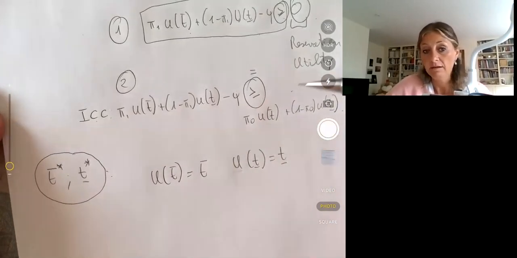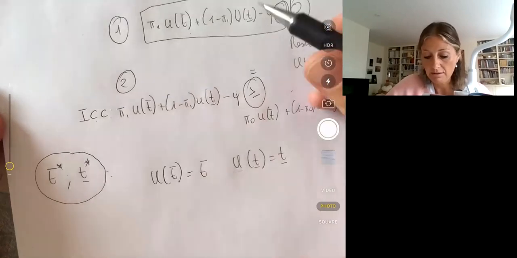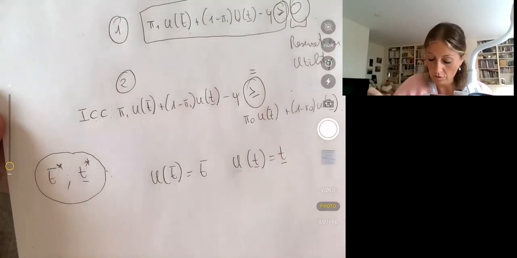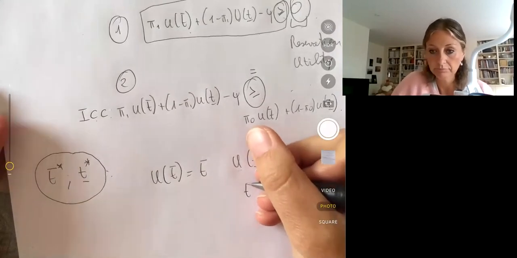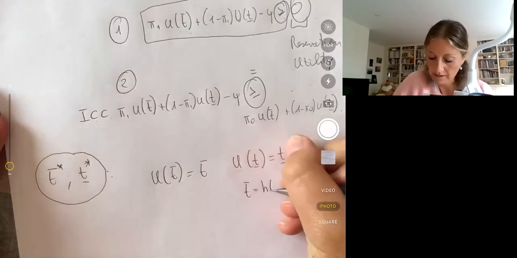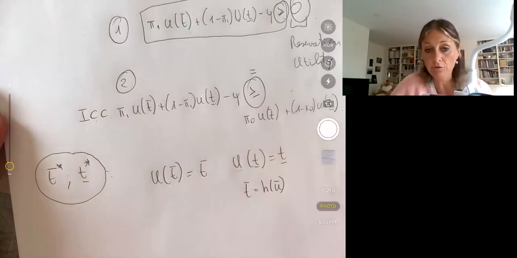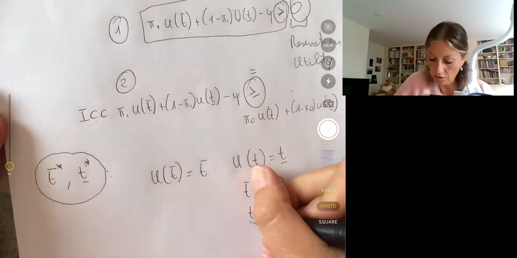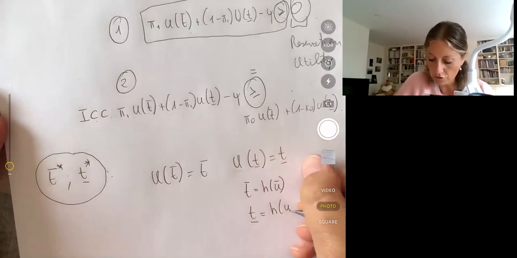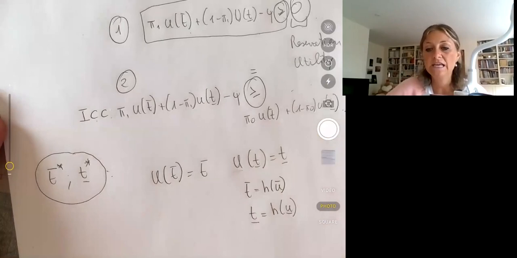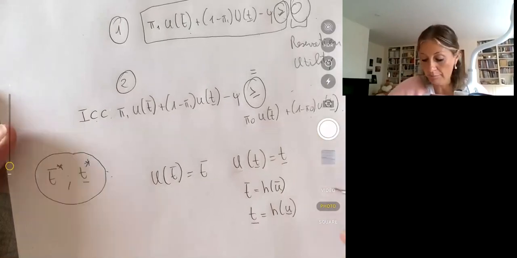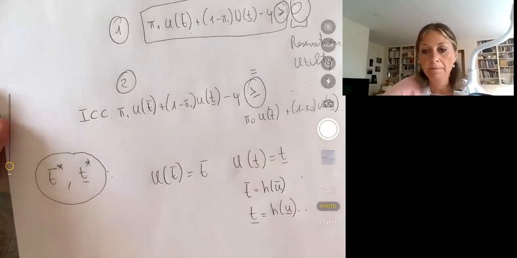This is for the constraint. For the utility function, we simply change T upper bar to a function h of U upper bar and T lower bar to h of U lower bar, where these new levels are the ex post utility obtained by the agent in both states of nature.